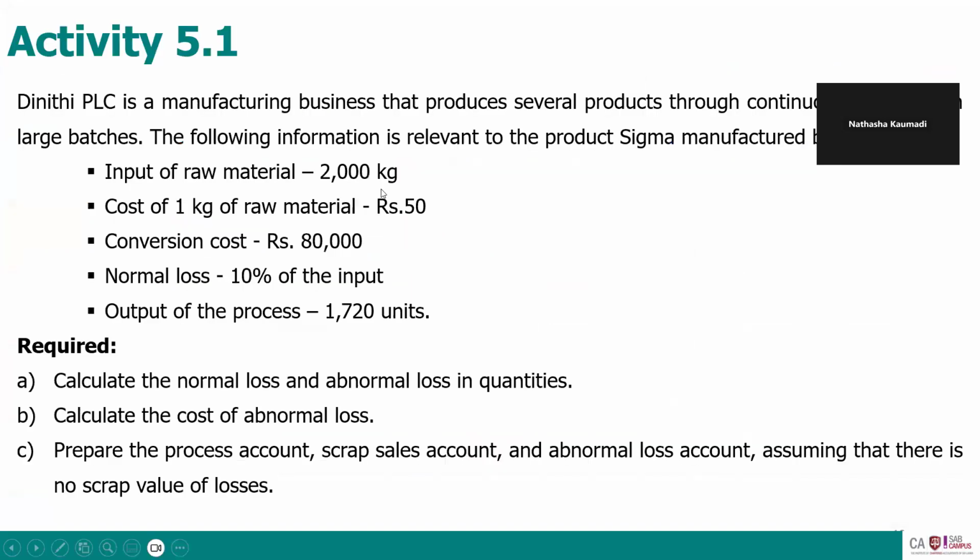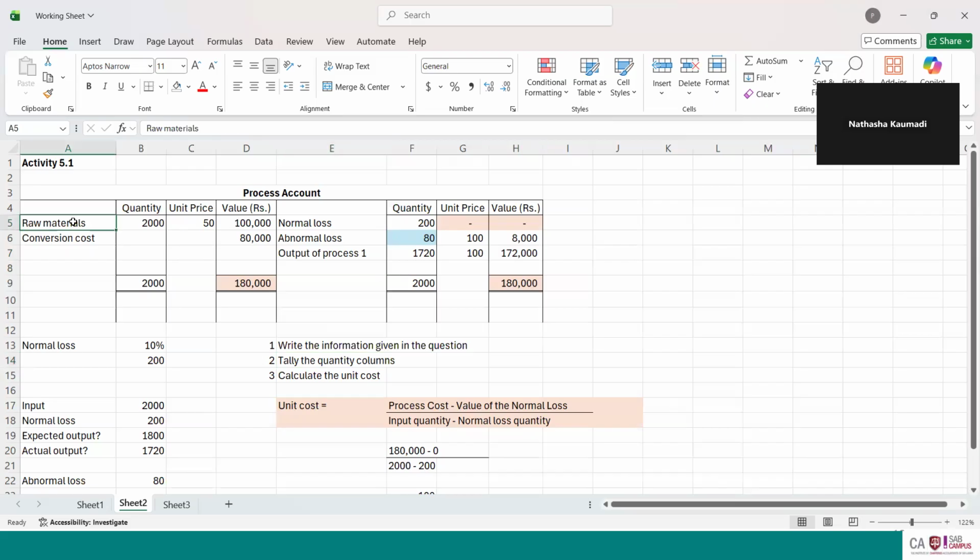As you can see in the question, input how many kilograms, what is the cost per kilogram, what is the total value of conversion cost, what is the normal loss percentage, the output, all these things are there. So what you do is you write the raw materials, conversion cost, quantities, unit prices, and then the values, and then you write the output of the process, and then normal loss.